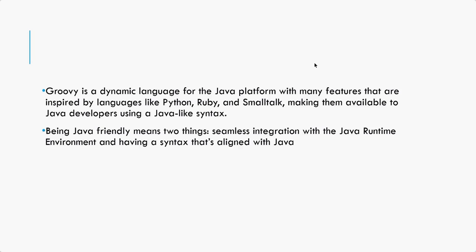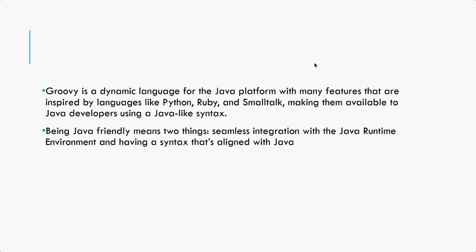Okay, so Groovy is a dynamic language for the Java platform with many features inspired by Python, Ruby, and Smalltalk, making them available to Java developers using a Java-like syntax. So basically, Groovy script is like Java. If you see the syntax of the keywords or the code, you'll feel like you're working with Java, but it's really easier than Java.